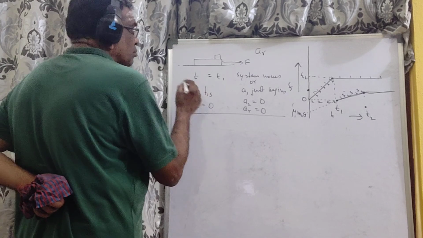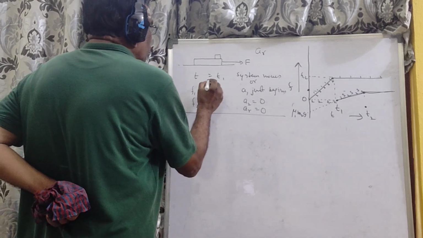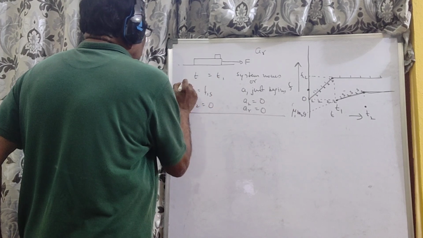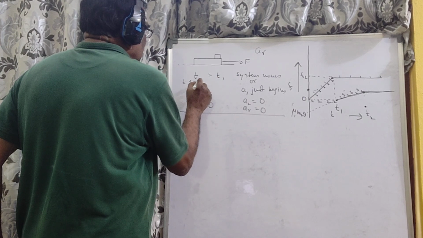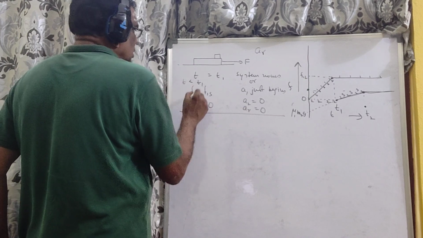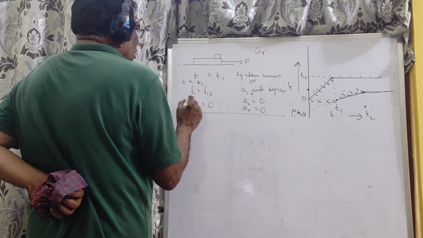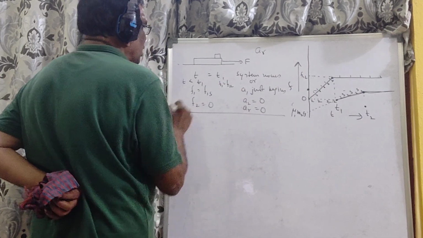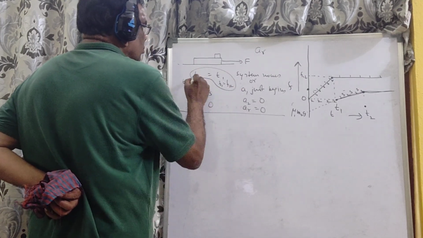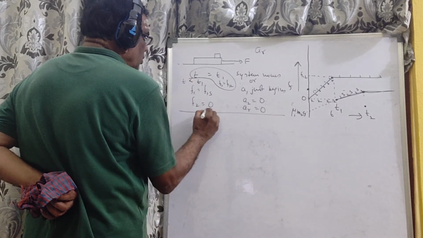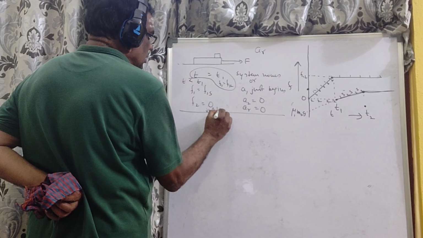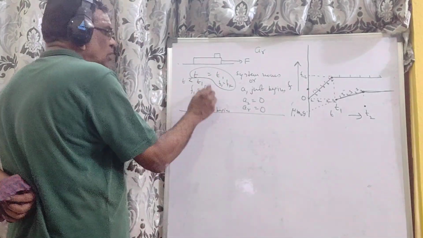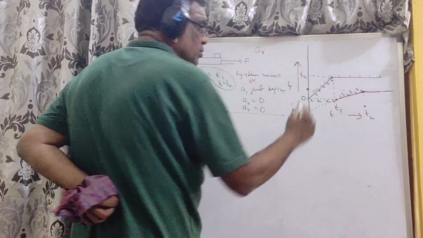So T less than T1, this is the scenario, okay? Or T is equal to T1, F1 is F1L. F1L, F2 just begins. T is equal to T1. Less than T1, this remains 0, this is static, that's what I plotted.